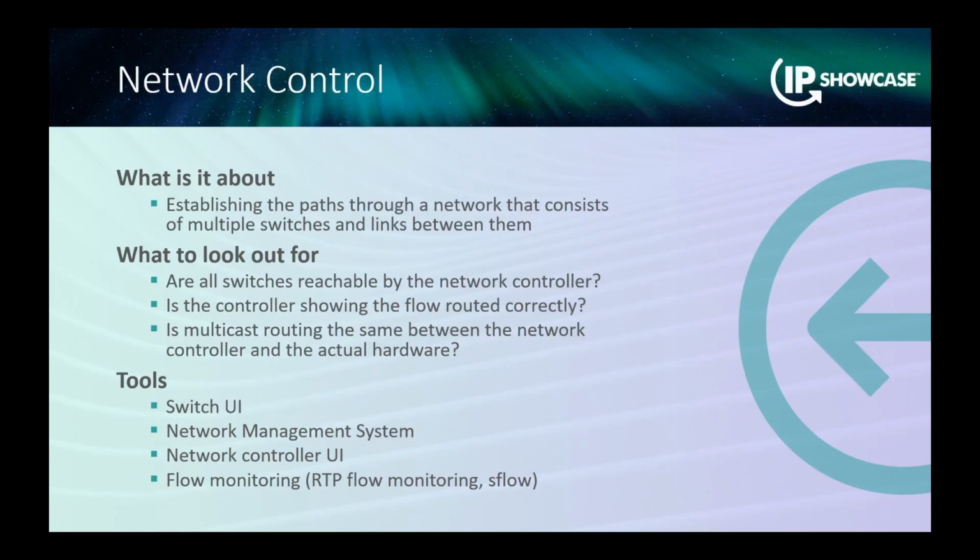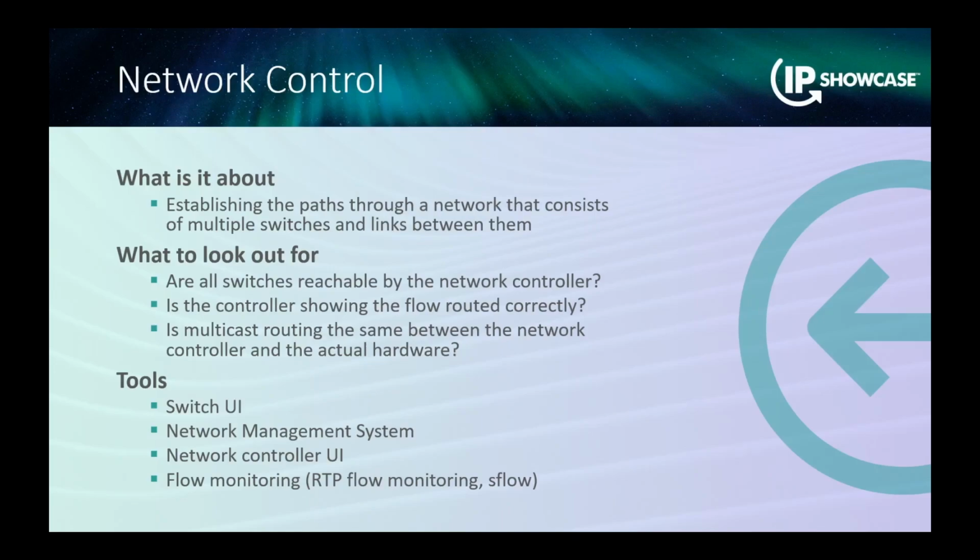You can look into the different switches and they will tell you how the multicast goes, which is the ingress port, which is the egress port, and then you just compare it to what is there on the network controller user interface. Again, you have to look at the switch user interface or your network management system and the network controller UI to compare those.